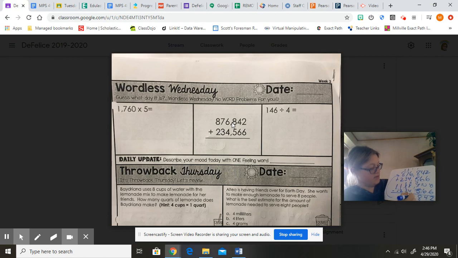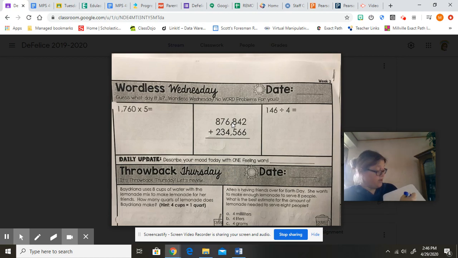That gives us 6. 0 minus 3, we can't do that, so we got to borrow again. That gives us 7. 0 minus 2, we can't do that, so we got to borrow from that millions, and that gives us 8. And there it is, 876,842. It's the same number as the top. So with our little quick check, we know that our answer is correct.